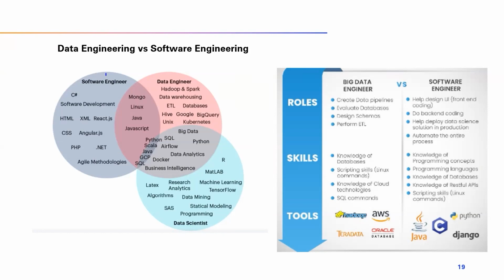So if we move to the next slide, you can see the diagrams about the different tools and technologies software engineers and data engineers use. You can see software engineers use HTML, XML, CSS, Angular, PHP. But we data engineers, we use Hadoop, data warehouse, Hive, BigQuery, big data, business intelligence.